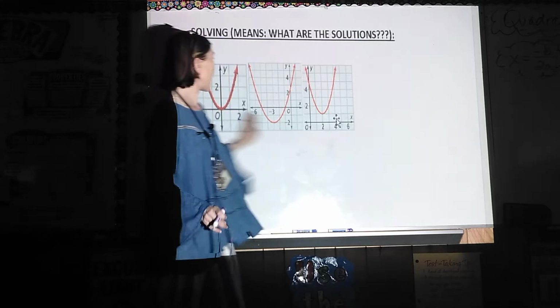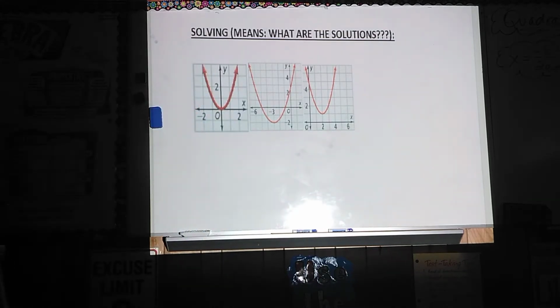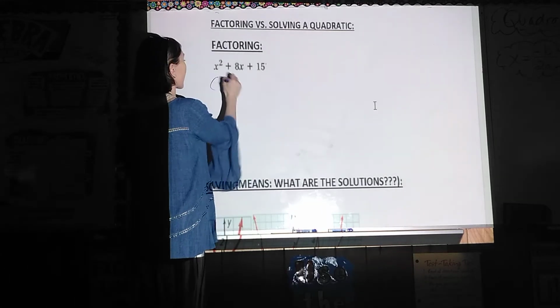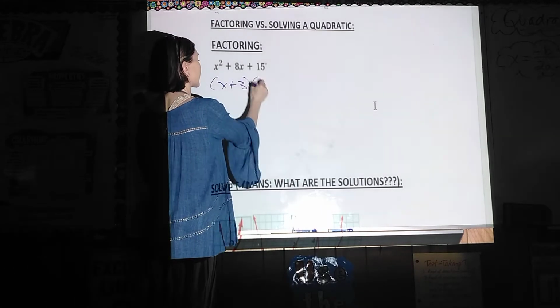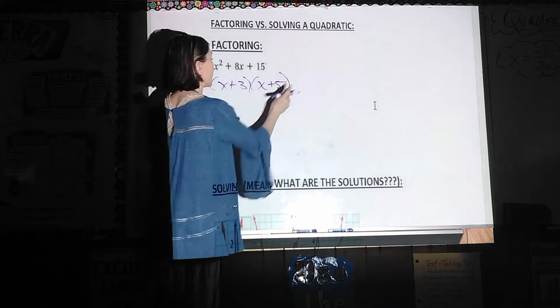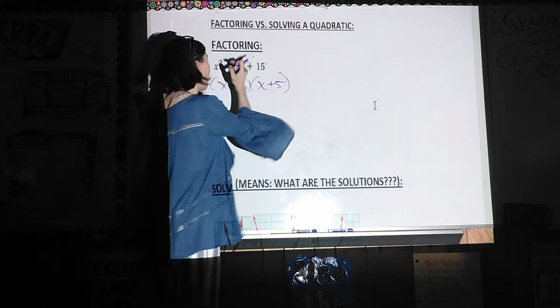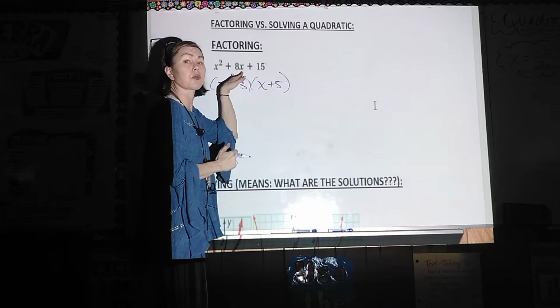So back to the top here, you guys, real quick. When we're factoring, we got x plus 3 and x plus 5, because I told you that factoring was the opposite of multiply, meaning what times what gave you the original.